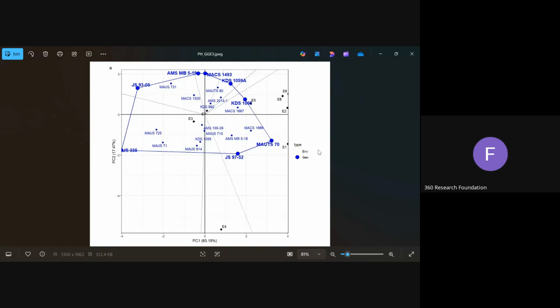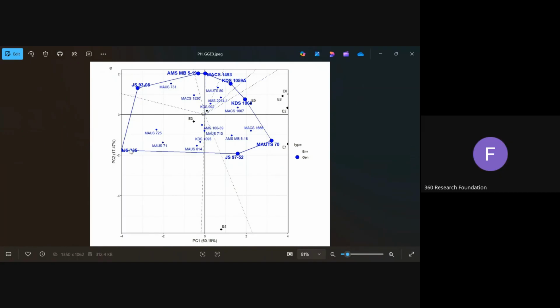In this polygon view, all these genotypes are at the corners, and the rest of the genotypes are inside. You can see no genotype is present outside this polygon except these 7-8 genotypes. Correct or wrong? Yes, sir.